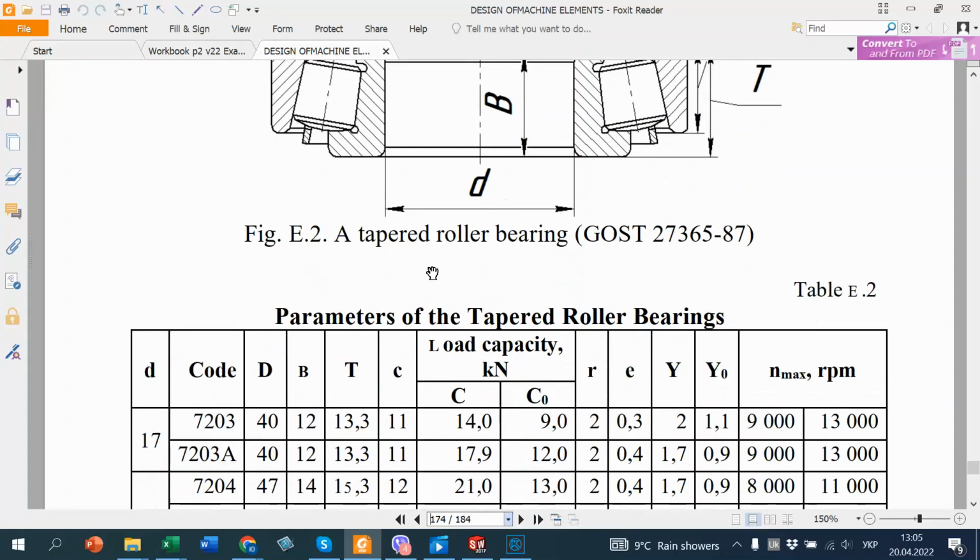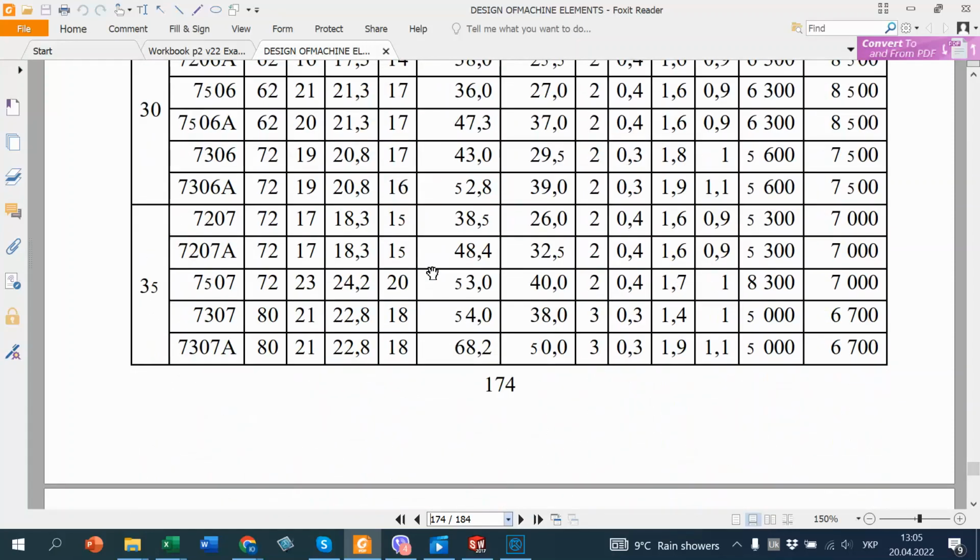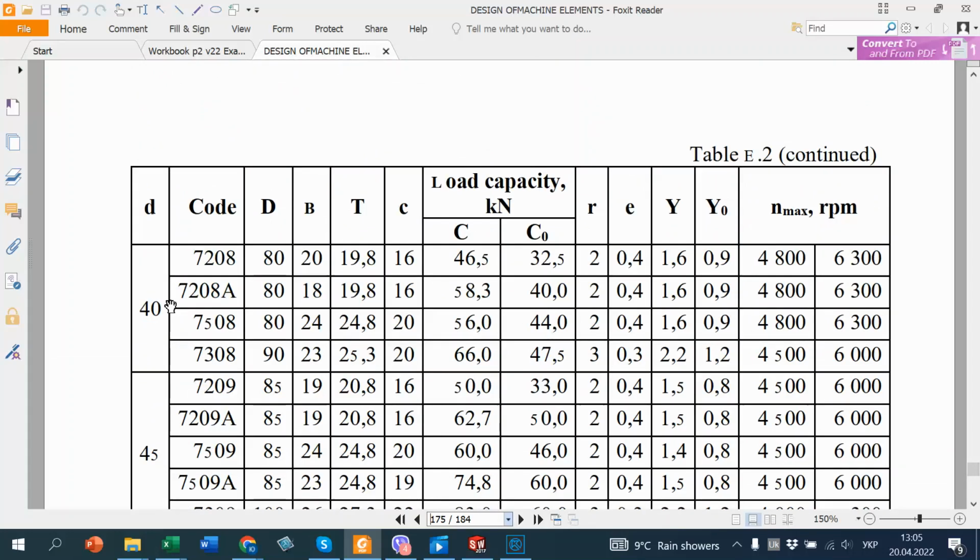For example, for our case, diameter 40, 08, we have a load capacity of 46.5, close to 49.